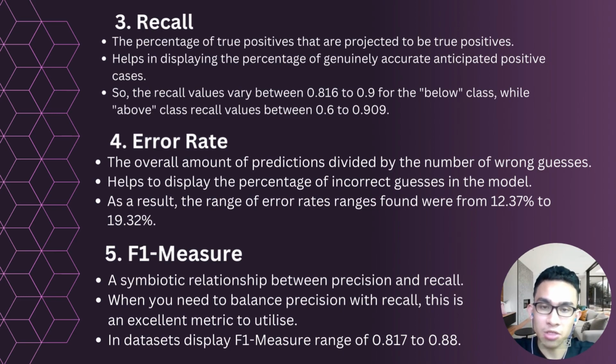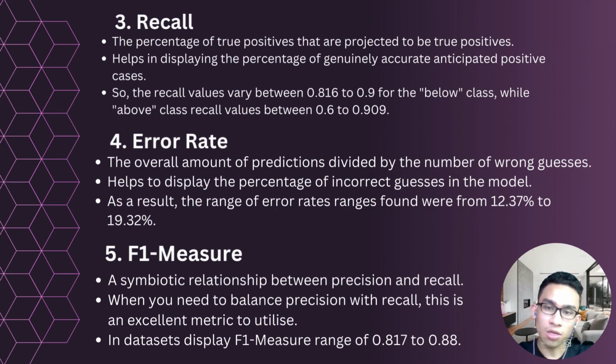Referring to our confusion matrix table in Weka, the recall values vary between 0.16 to 0.9 for the below class, known as the no class, while for the above class, known as the yes class, recall values are between 0.6 and 0.909.